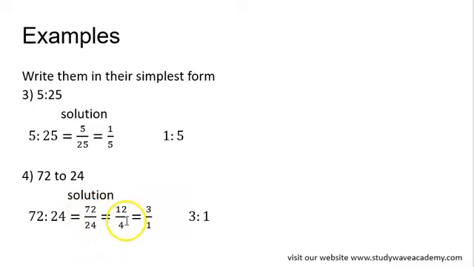We divide till we get the lowest number, right? So when we divide, we got 3/1, and you can write it in ratio as 3:1. So the simplest form of 72 to 24, which is written as 72:24, is 3:1.